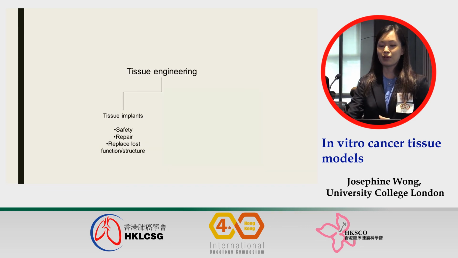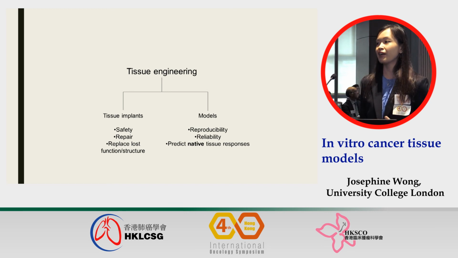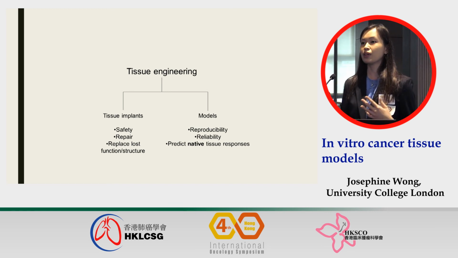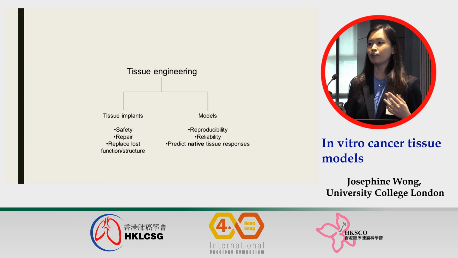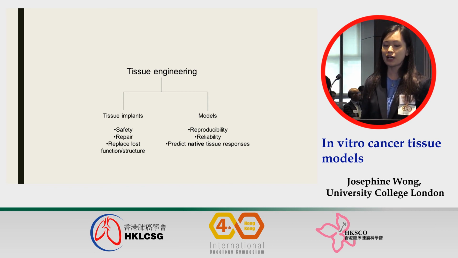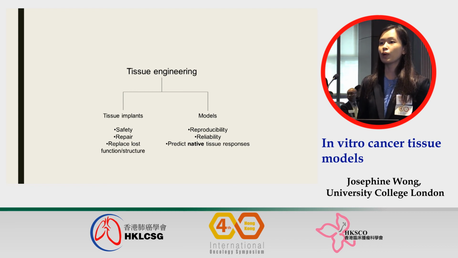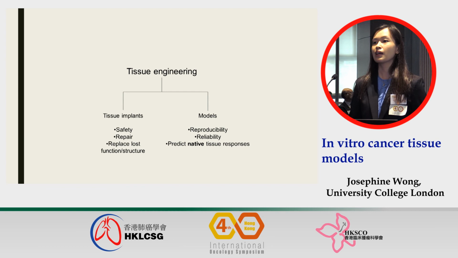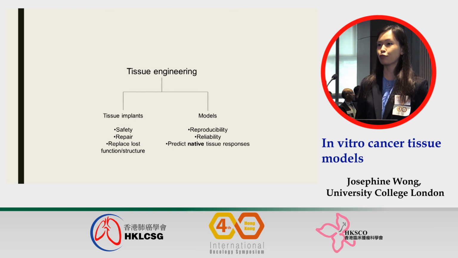So just really briefly, the aim of tissue engineering is to try to mimic the natural tissue environment. There are two main branches of the outcomes that we aim for. The first one is to create tissue implants, and the second one is to create model tissues. They have very different priorities in terms of designing the material, the platform.